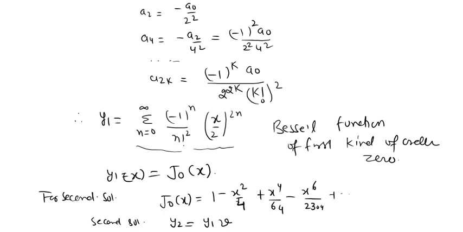And what is v? This is the integral of 1 by y1 square e raised to power minus integral of p dx, then dx. So now I need to find the square of y1, or you write J0 square.